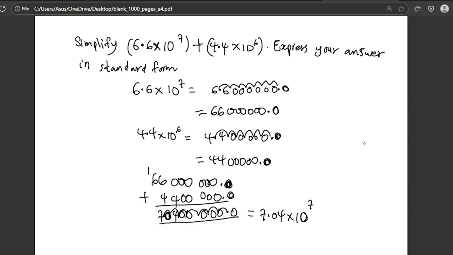That's because what I'd have is 0.704, which is not between 1 and 10. Also, if I stopped earlier, that would be 70.4, which is also not between 1 and 10. So I have to stop between 7 and 0, giving 7.04. With this, we come to the end of standard form. Have a nice day.